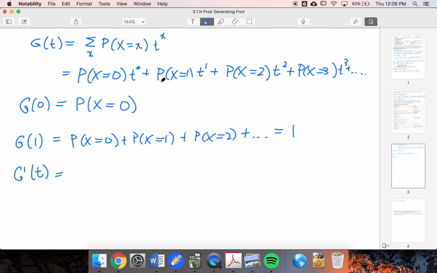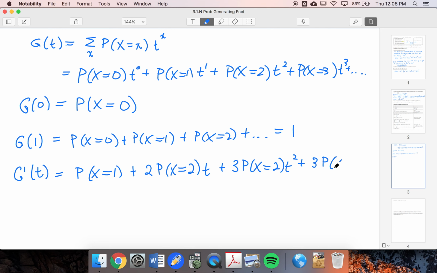And then I'll have the probability that X equals 1, plus 2 times the probability that X equals 2 times t, plus 3 times the probability that X equals 3 times t squared, and so on.